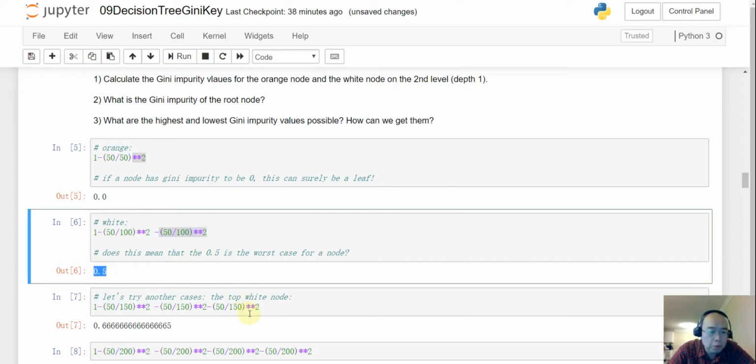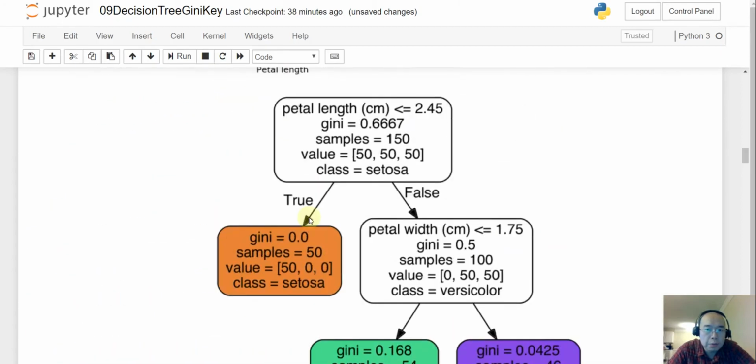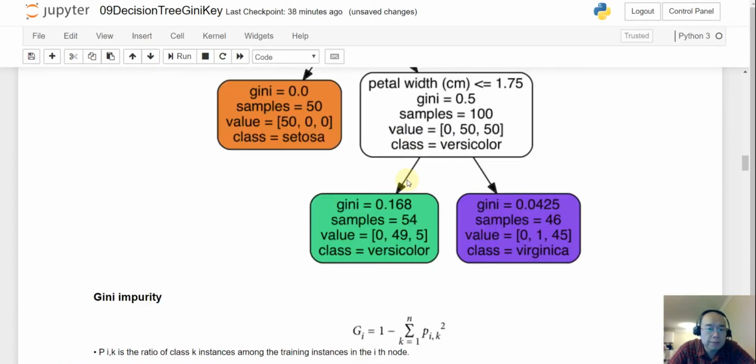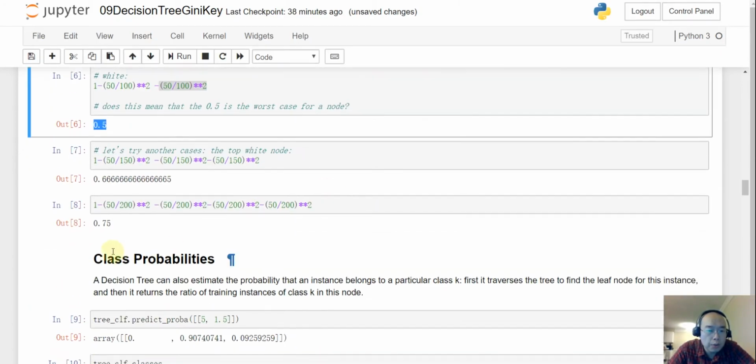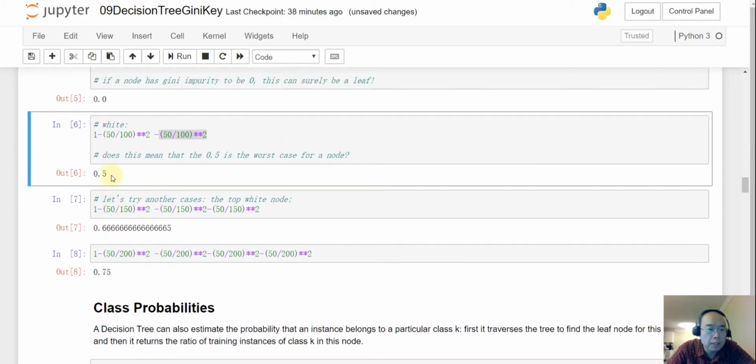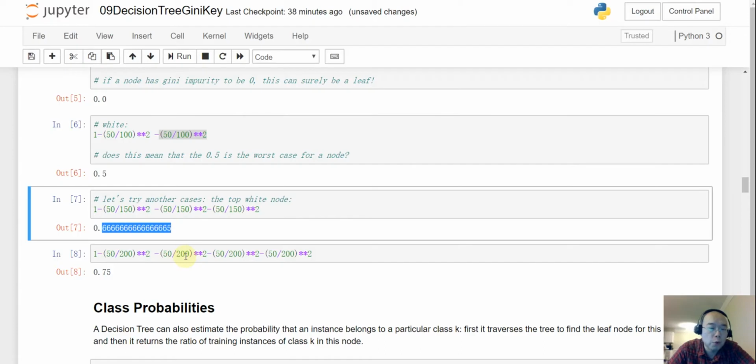And if you want to try this one, 50, 50, 50, you will get an even higher value. So this is 0.5. And if you do 50, 50, 50, a total of 150, then you will get 66%. And if you have four classes, then each class has 50 samples, and then you will get 75.